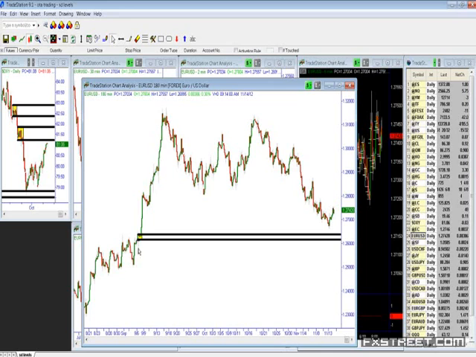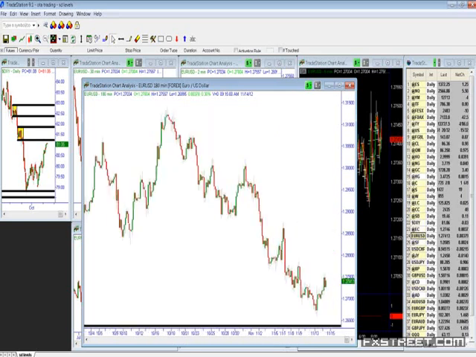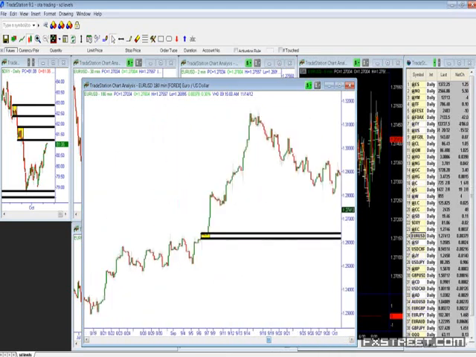Now I know there's this wick down here, and normally we don't like that. But because we rallied off that wick and we're just basing here, and that's quite a long time there. Let me blow this up. Okay. Let's take a look at this area. We're looking at 126.35. You really need to stop below, I'd say maybe 126.08.